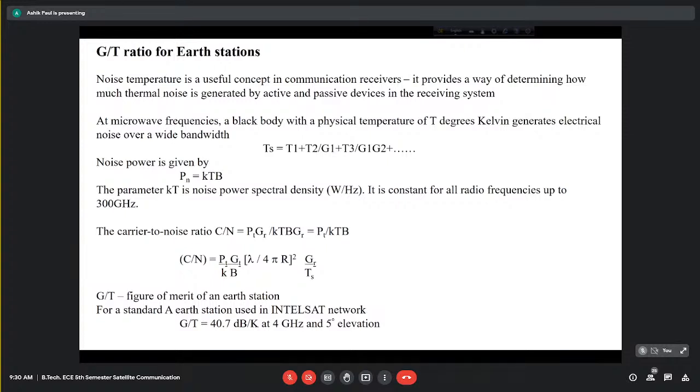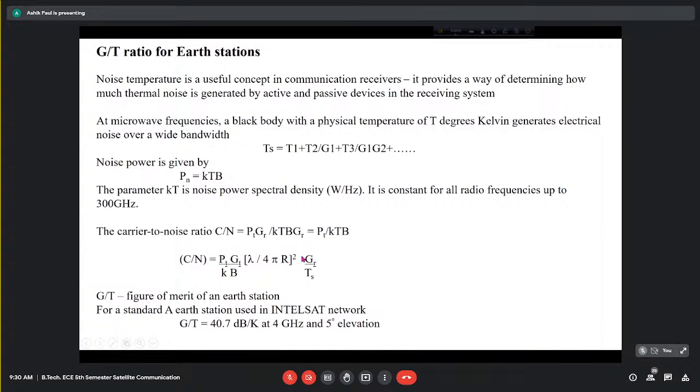Increasing the bandwidth has a negative effect, as you can see, the carrier to noise ratio will fall. And also this lambda and R cannot be controlled by the user.